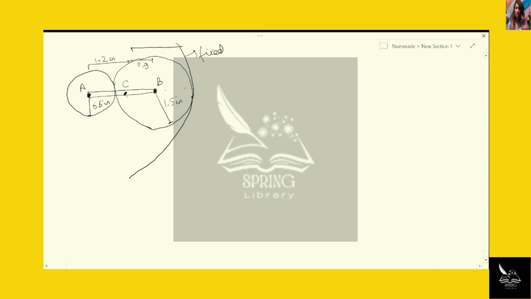So this distance at the point of contact is 2.4 inches. So let's say the rod ACB is rotating counterclockwise with an angular velocity of 40 radians per second.